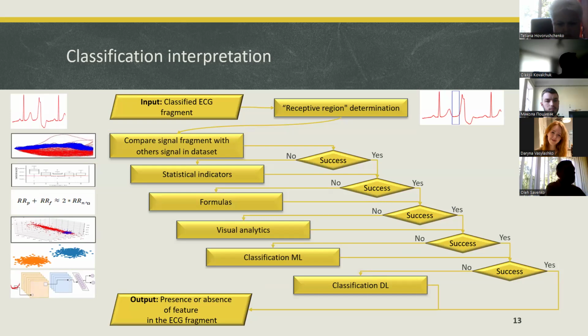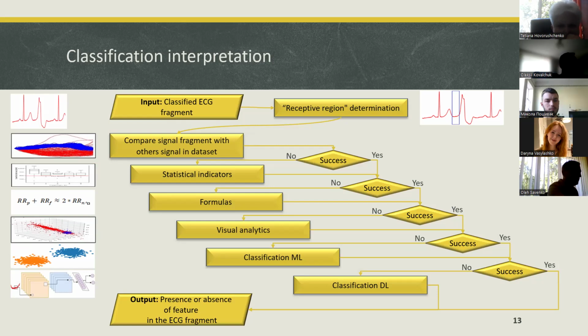by the same classifier. On the first step, we empirically determine the fragment of the input signal that may contain information about the feature, in other words its attention or receptive zone. The second step is responsible for choosing an approach by which the doctor will be informed about the presence or absence of some feature in the signal fragment.